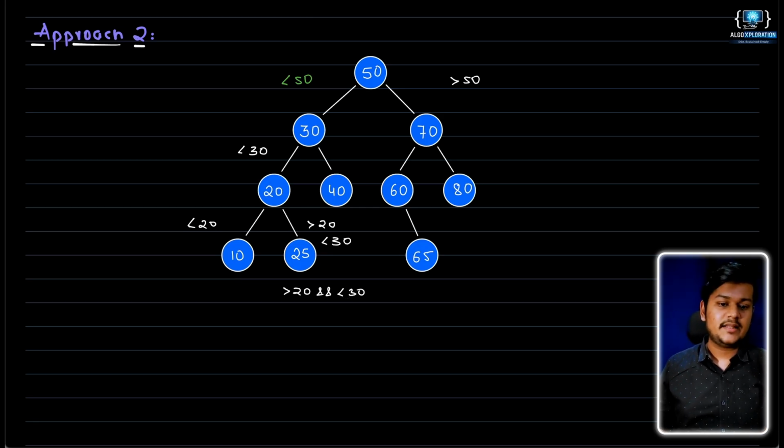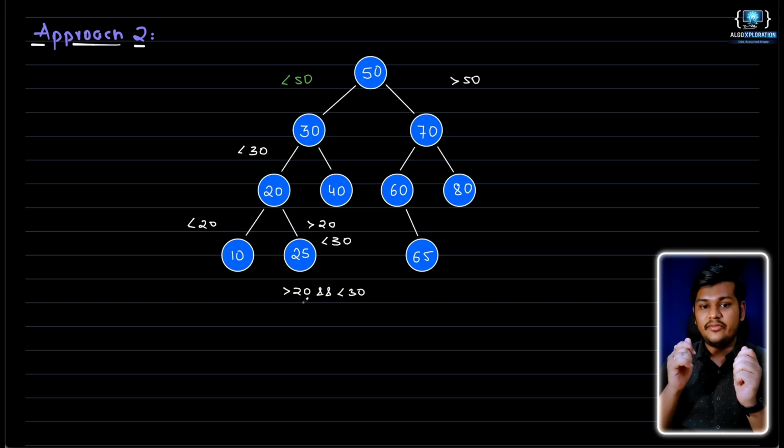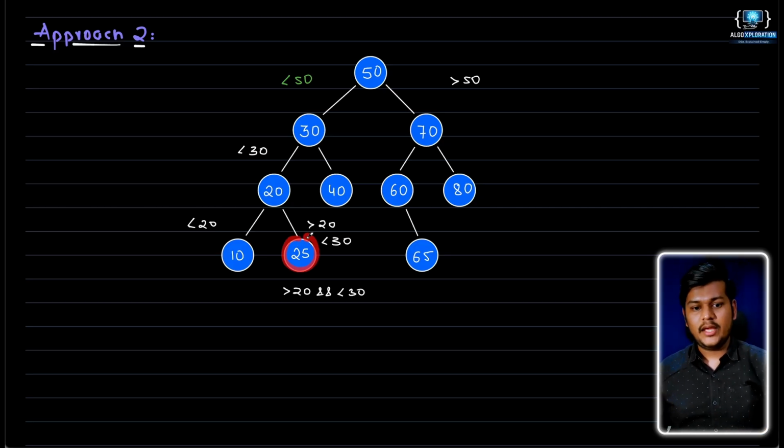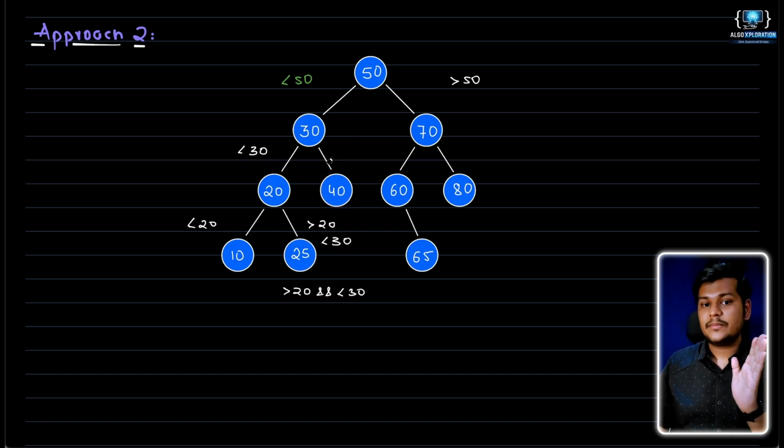So over here we can see that this is a lower bound and this is the upper bound. Lower bound is 20, upper bound is 30. If the value is in that range, then I can say that this node is valid. Same thing I have to apply for each and every node. Let's talk about this now. Since it is there on the right hand side of 30, it should be greater than 30, right?